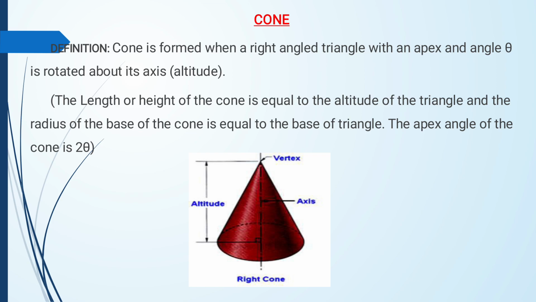So 2 theta means 180 degrees. So totally, with 360 degrees of full rotation, a complete cone can be formed. This is the cone. First of all, we needed an idea about the cone and how the cone is formed. Now I have explained it. Next we move on to the sections, conic sections.